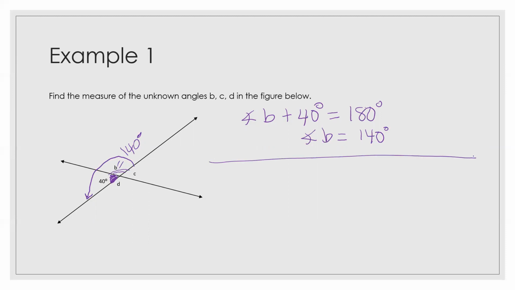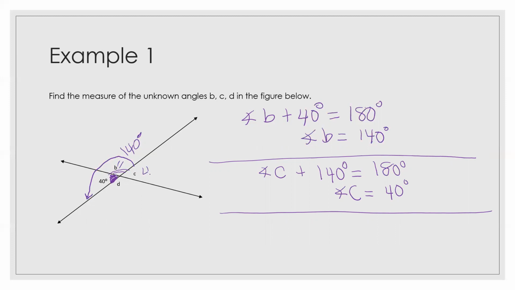What about angle C? Well, as you can see right here, angle C plus angle B, which we just found to be 140 degrees, is equal to 180 degrees. So angle C is going to have to be 40 degrees.